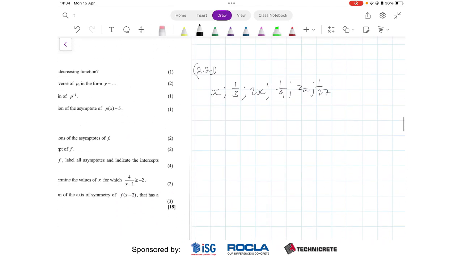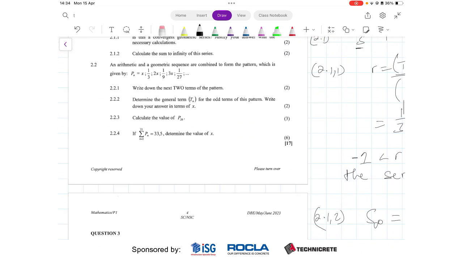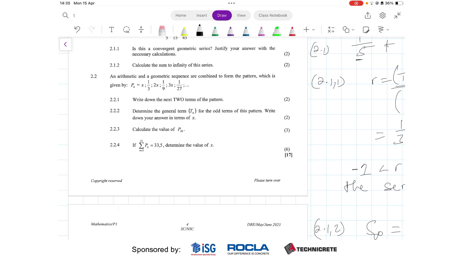Looking at our pattern, we can clearly see that the next two terms are going to be 4x times 1 over 3 to the power 4, and 1 over 3 to the power 4 is 1 over 81. Those are the next two terms in our sequence.